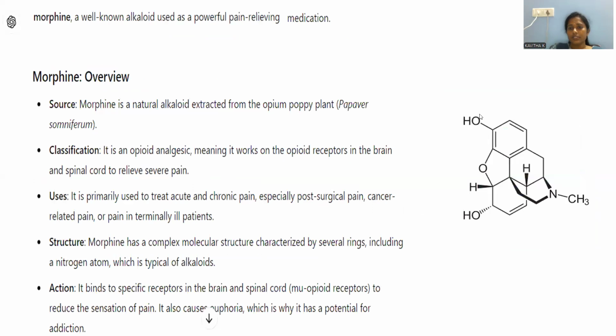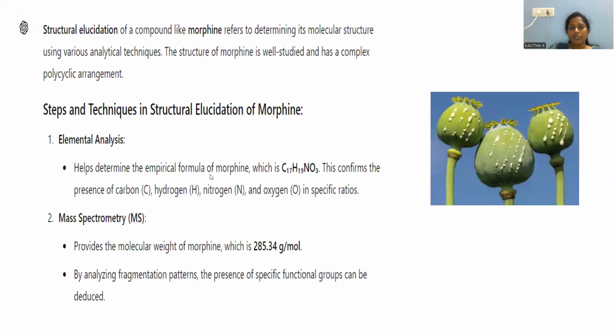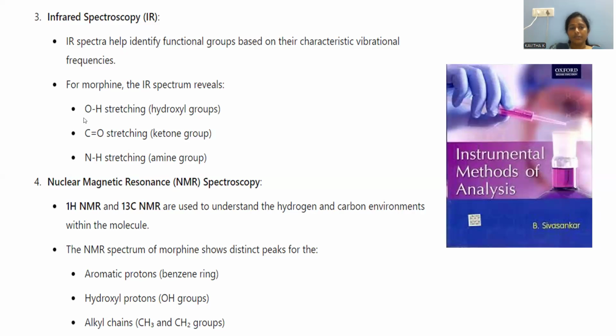Obviously, morphine has two hydroxy groups, so those are identified, and we observe a CO stretching peak. The CO stretching peak denotes what? A ketonic functional group. There is a ketone within the molecule, and its stretching peak is also observed. That means there is an amine group. So the stretching peak indicates the presence of hydroxyl, ketonic stretching indicates a ketone, and the other stretching denotes there is an amine. This is the way infrared is used to identify various functional groups located in morphine.